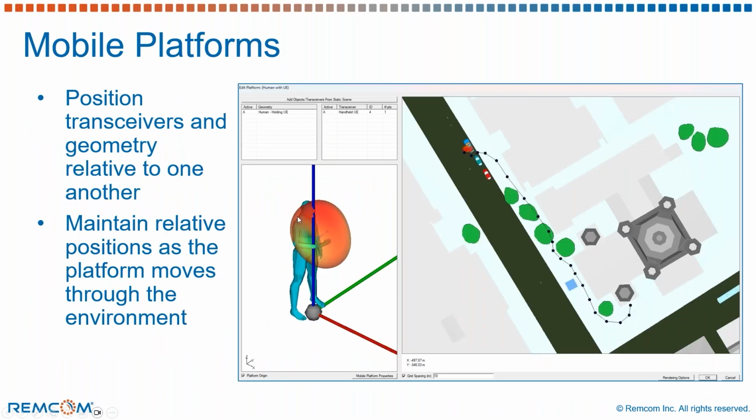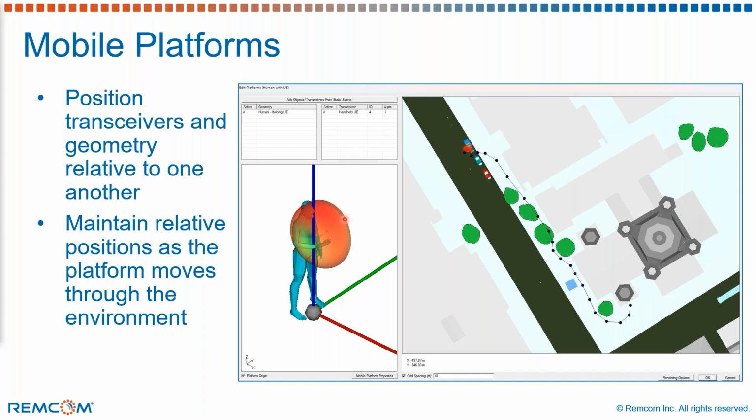Mobile platforms are defined by positioning transceivers and geometry together. There's a panel for seeing how those two are related. Each can be adjusted independently relative to what we would call the origin of the platform. This allows you to see how things are placed. You can bring things in together, migrating them from a static scene.